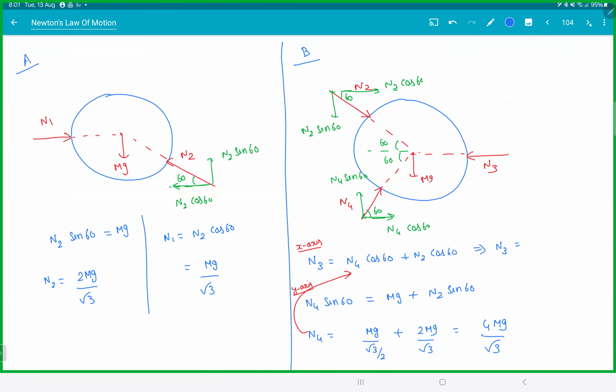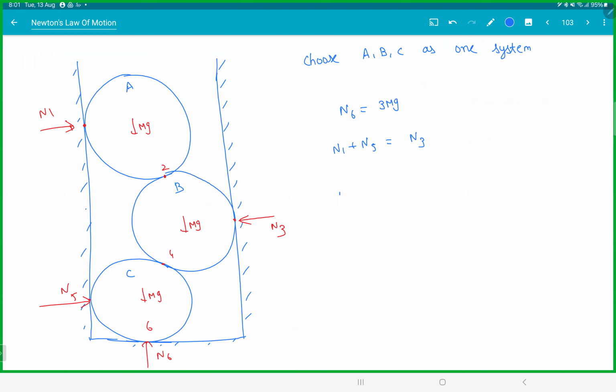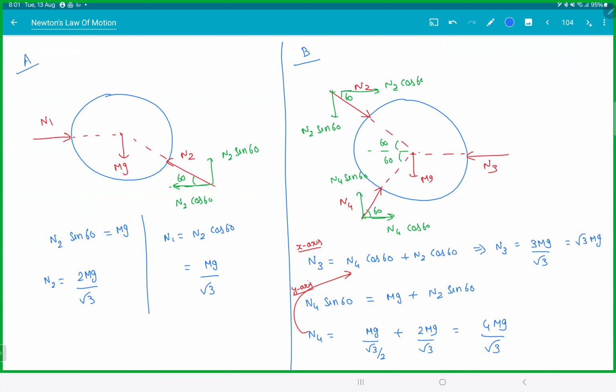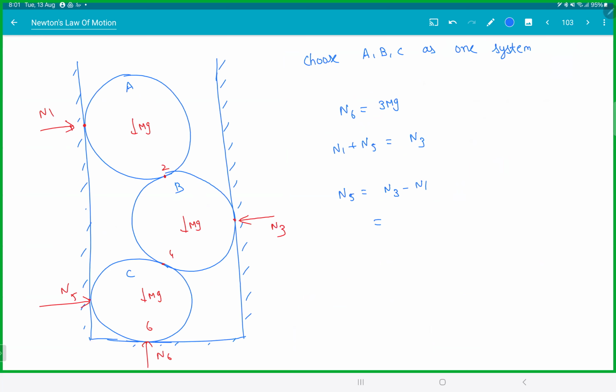That would be 2mg by root 3, mg by root 3, 3mg by root 3, or root 3 mg. Once I got N3 and N4, I can calculate from here. So N5 is nothing but N3 minus N1, and N3 is 3mg by root 3.